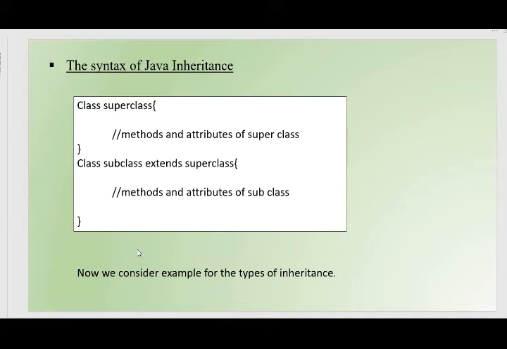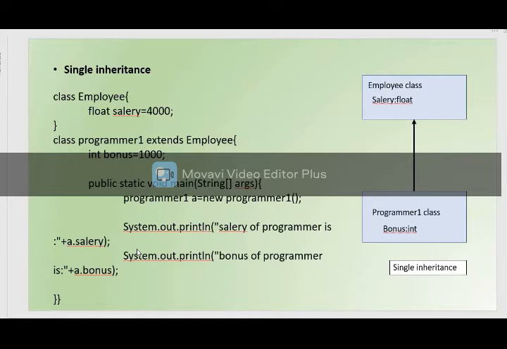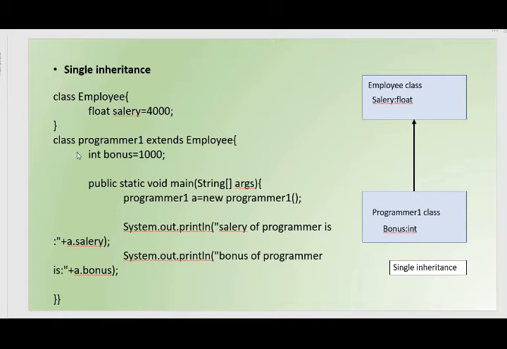Now we consider an example for the types of inheritance. The first one is single inheritance. Class Employee. Employee is the superclass. It has only one attribute that we call salary. And the second one is class Programmer1. Programmer1 is the subclass that extends the Employee class.